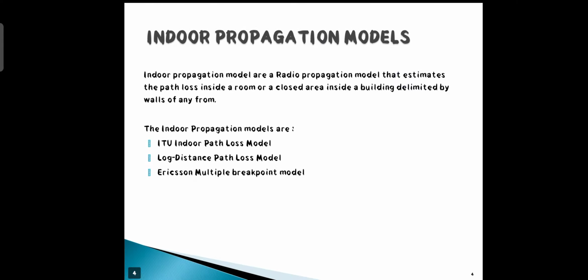Now, what is the indoor propagation model? The indoor propagation model is a radio propagation model that estimates the path loss inside a room or a closed area inside a building delimited by walls of any form. The indoor propagation models are the ITU indoor propagation path loss model, the log distance path loss model, and the Ericsson multiple breakpoint model.